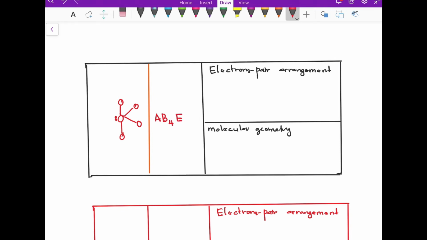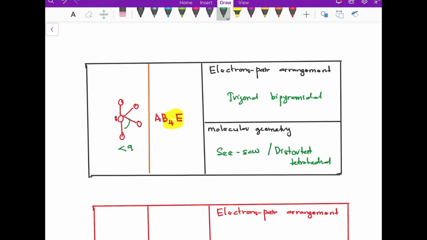The electron pair arrangement still follows 5, which is trigonal bipyramidal. But due to the repulsion, the molecular geometry becomes seesaw, or sometimes we call it distorted tetrahedral, with the bond angle less than 90 degrees.